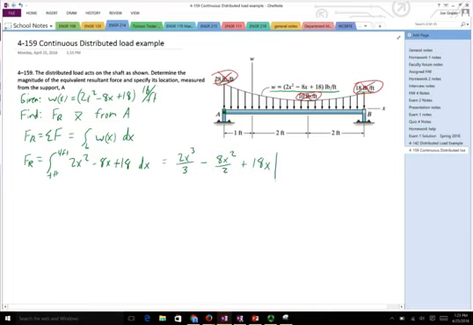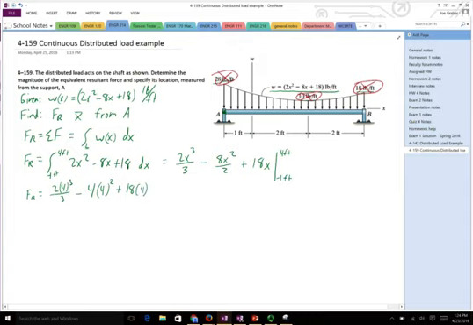And we're going to evaluate that from -1 to 4. So first plug in the 4: 2 times 4 cubed over 3 minus the 8 divided by the 2, which is just 4, times 4 squared, plus 18 times 4.